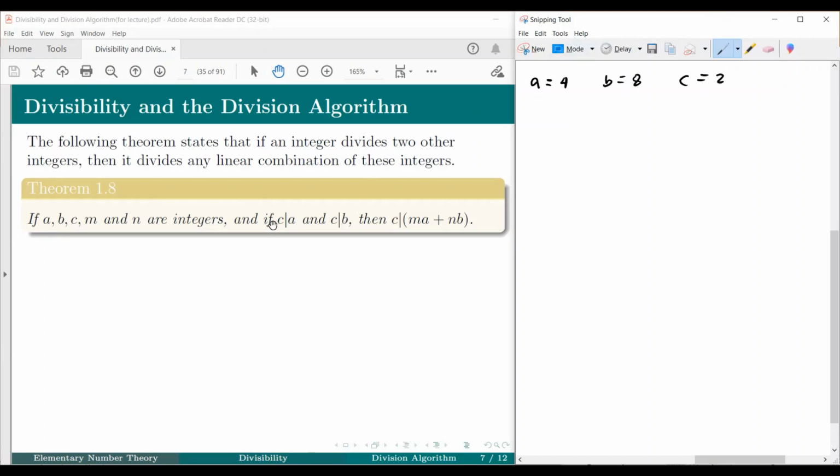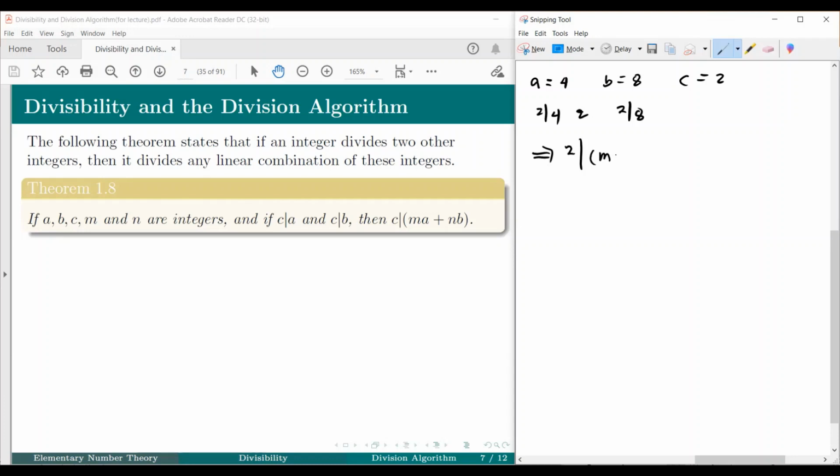Now, in this case, for our assumption, we have C divides A, so 2 divides 4, and C divides B, so 2 divides 8. Now, by using the theorem, we can say that C, which is 2, divides MA.